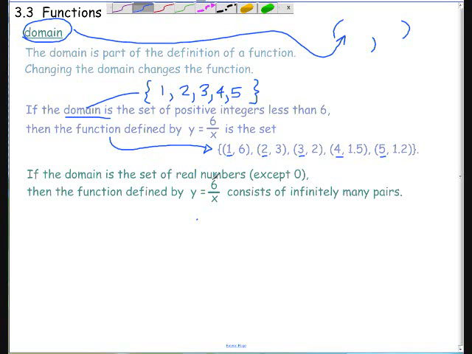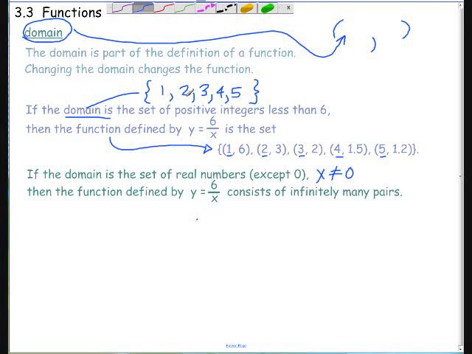If the domain is a set of real numbers except 0, well, that would be an important exception, wouldn't it? Because we cannot divide by 0, that's worth writing out. x cannot equal 0. Then the function defined by y equals 6 over x consists of infinitely many pairs.